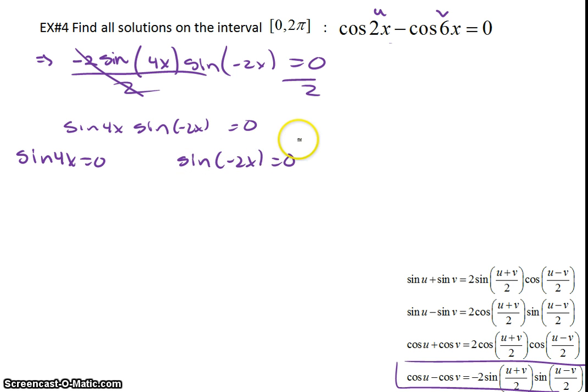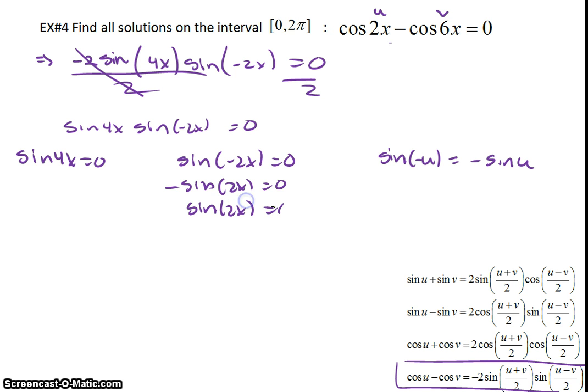Now the sine of minus 2x equals 0, you should think that you need to use the even and odd. So using even and odd, the sine of minus u is minus the sine of u. So applying that here, this is the negative sine of 2x equals 0. Divide both sides by negative 1, sine of 2x equals 0.